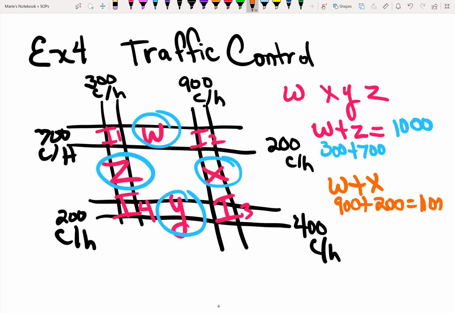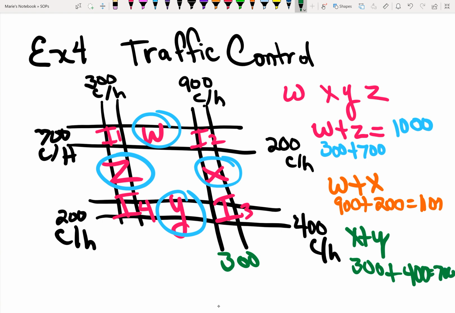All right, we have intersection X plus Y. I'll do that one in green. And we know that that intersection is 700 cars because that's 300 plus, I didn't tell you this is 300, 300 plus 400, so that total is 700.